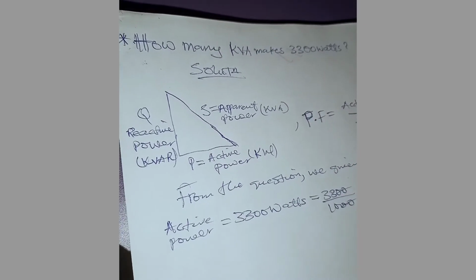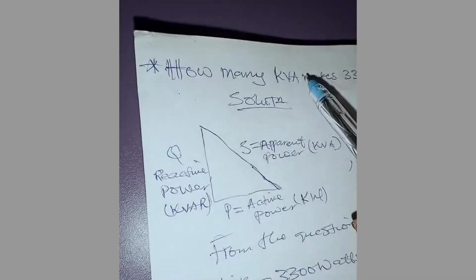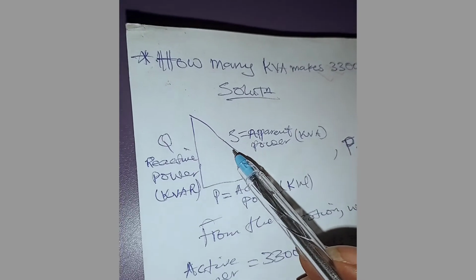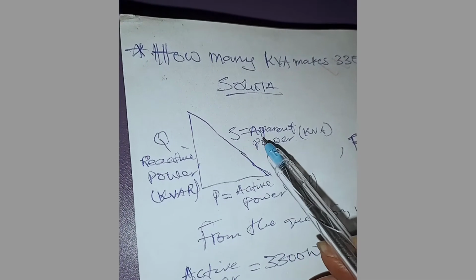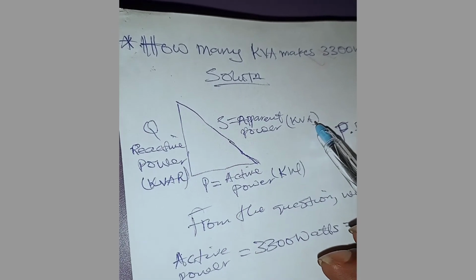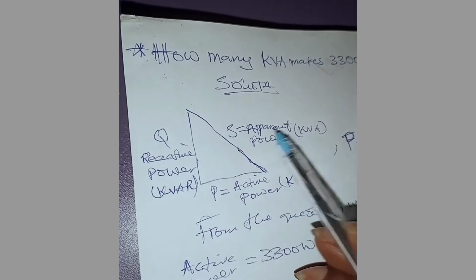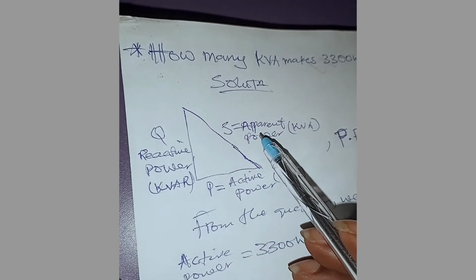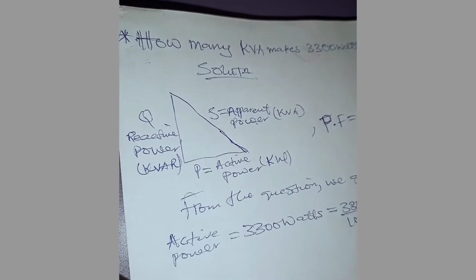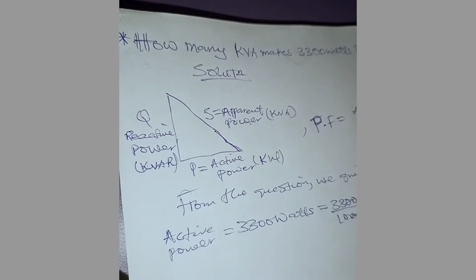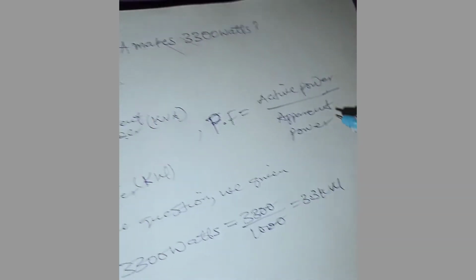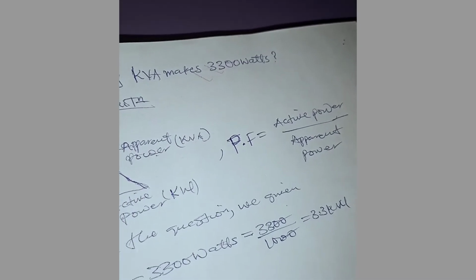Now, what we are asked to calculate from here, the question says we should calculate KVA, and if you look at the power triangle formula, you will see that the hypotenuse, which stands for the apparent power expressed in KVA, shows that this KVA is the unit for apparent power, meaning the question is asking us for apparent power. We have been given active power, so we are asked to calculate apparent power.